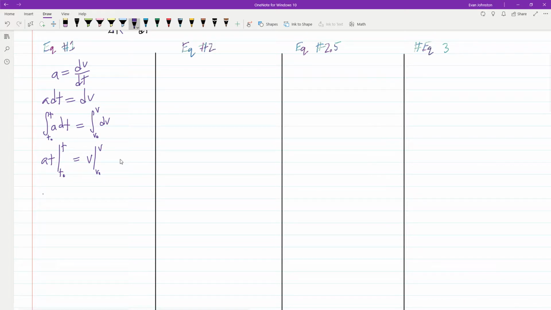Well, we just have a(t minus t naught) is equal to v minus v naught. Now, if the initial time is 0, obviously this term goes away. So we just have a t is equal to v minus v naught. I'm just going to rearrange a little bit here, and add my v naught over to the left side. So now I have v naught plus at is equal to v.